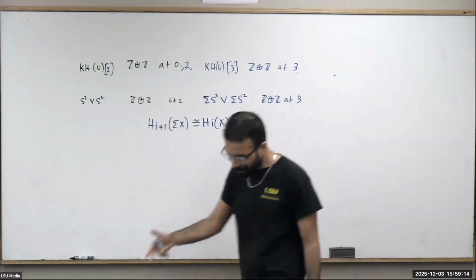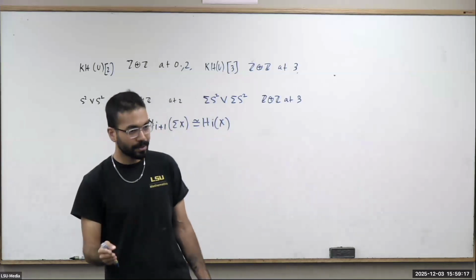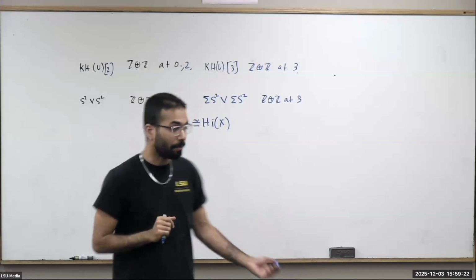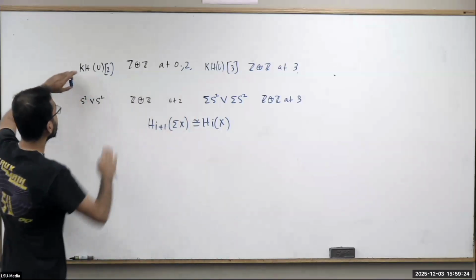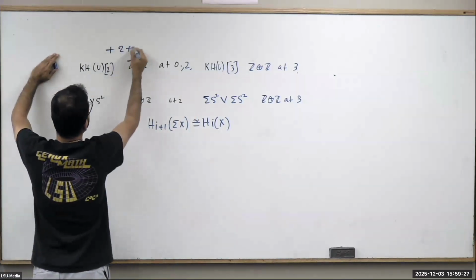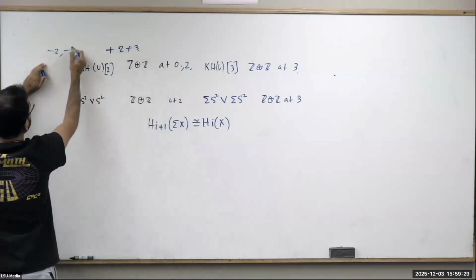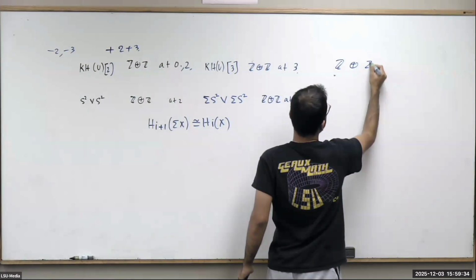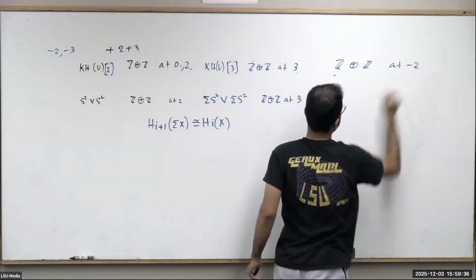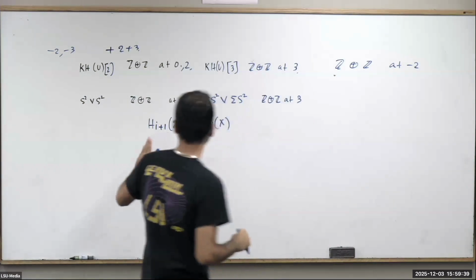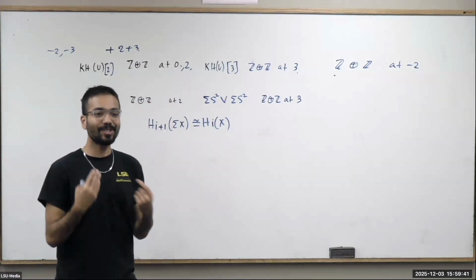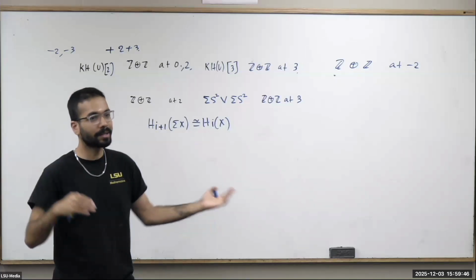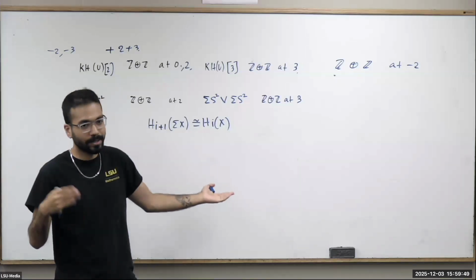Homology behaves nicely with respect to suspension, but does not behave well with respect to loops or desuspension. On the contrary, homotopy groups behave well with respect to loop spaces, but not with respect to suspension. That is the problem. For homology theories, you can shift up by 2, 3, and you can shift down by -2, -3. For example, Z direct sum Z would be at -2. Now I need to find a topological space that has a negative dimensional hole, for which you get the homology Z direct sum Z at -2.